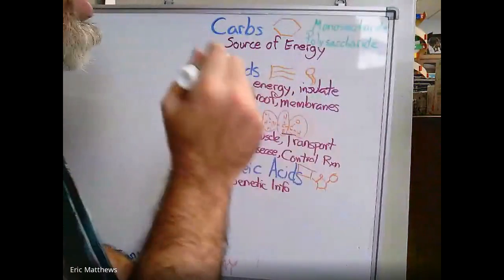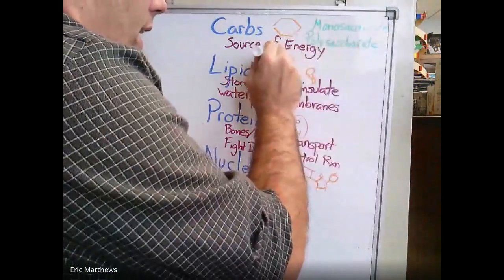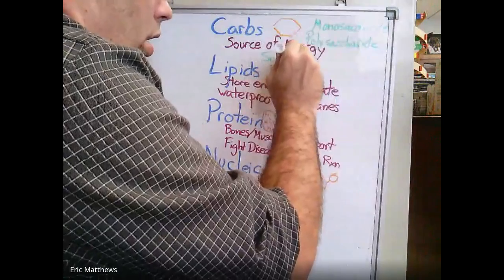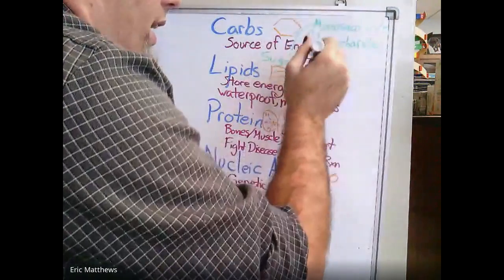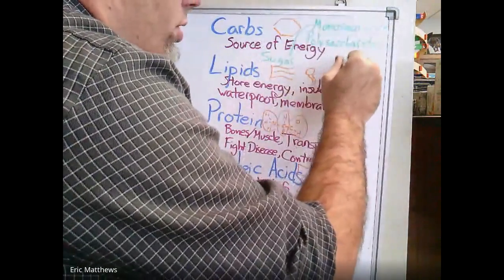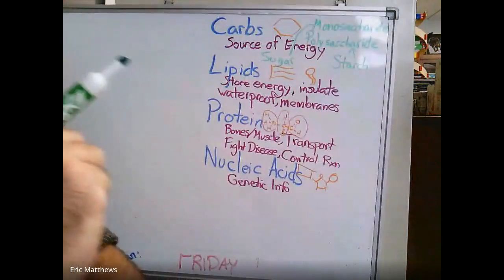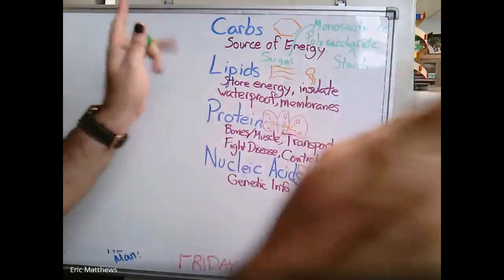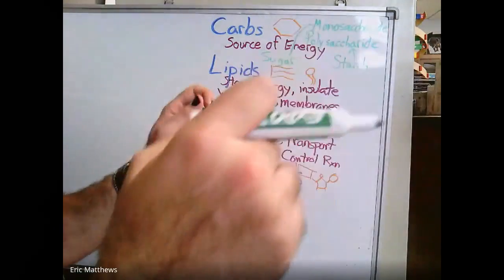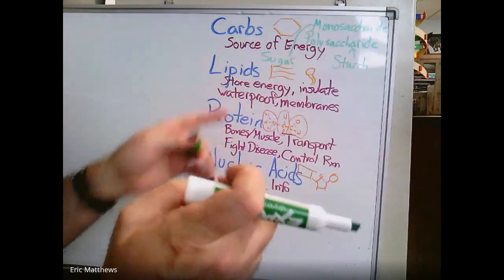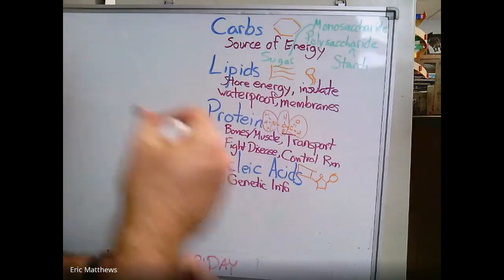And some very common examples of those is our sugar, which is a monosaccharide, and our starch, which is a polysaccharide. In lipids, there are no such things. No monomer and polymer of lipids, they just are their unit.